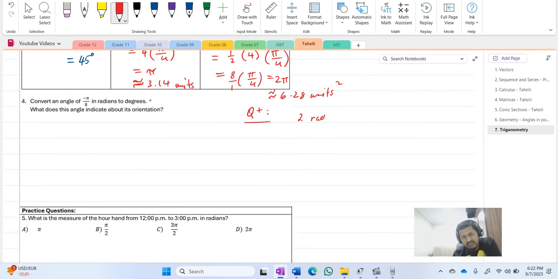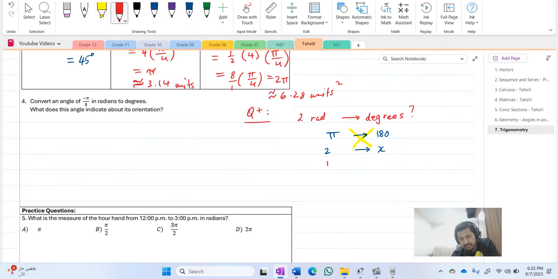So if I want to convert 2 radians to degrees, I know pi is 180. So 2 is x. If I cross multiply and solve, that's how I will get the degrees, right? So if I cross multiply, I'm getting pi times x, and 2 times 180 is 360.